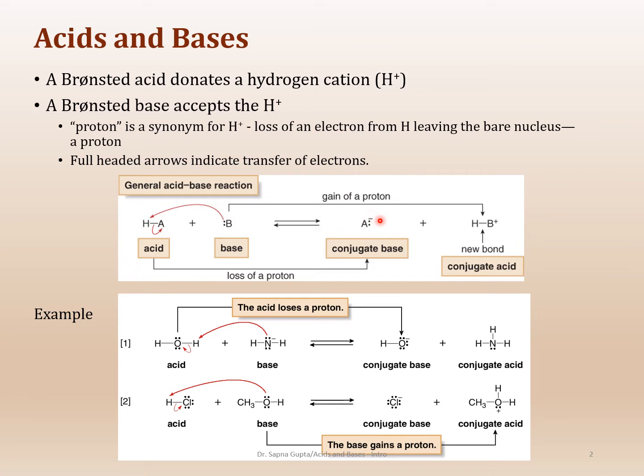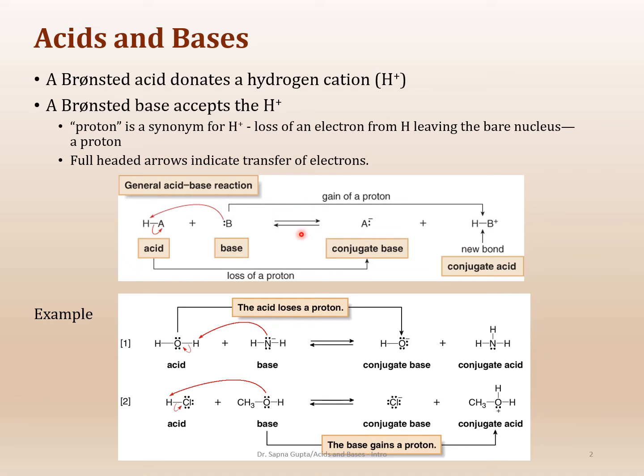So then you end up getting A minus and HB plus. The acid will give you the conjugate base. The base will gain the proton and become the conjugate acid. So in a typical acid-base reaction, this is what happens.